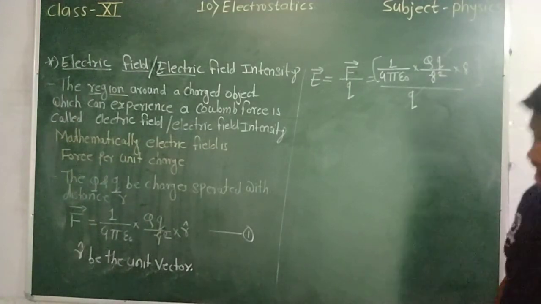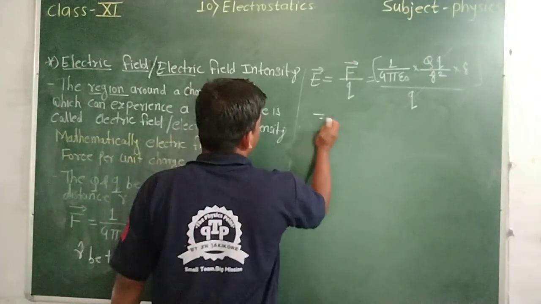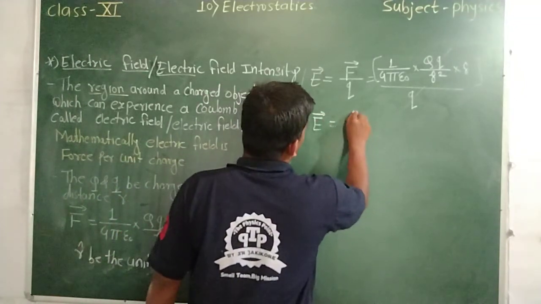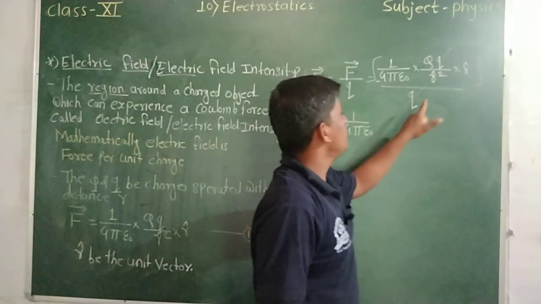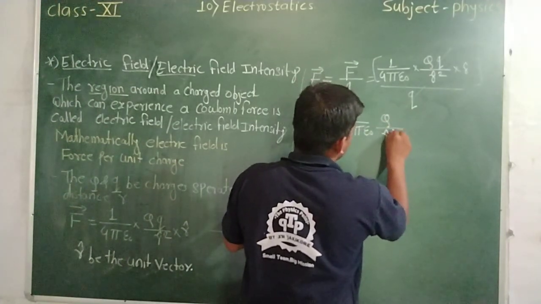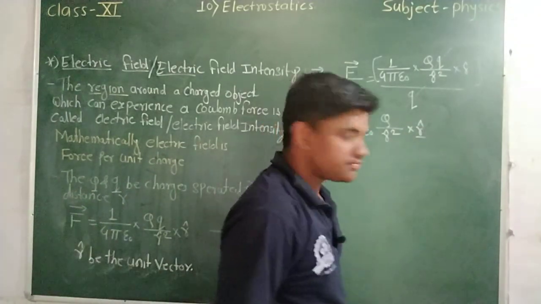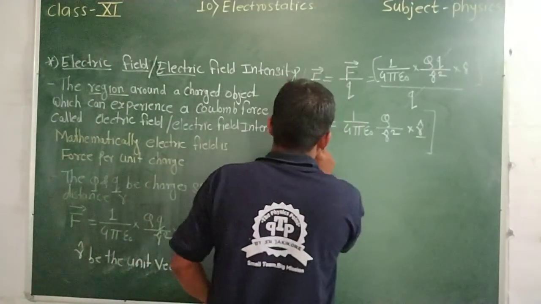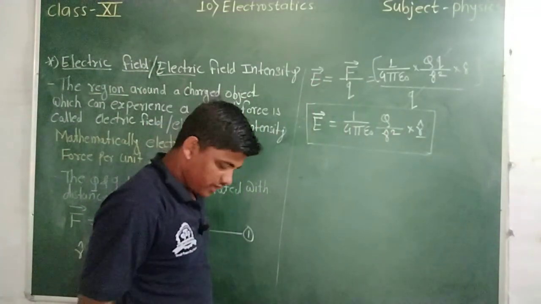We know that the electric field intensity is equal to 1 upon 4 pi epsilon 0 into Q divided by r square into r cap, where r cap is the unit vector. This whole equation is the value, or equation, of electric field or electric field intensity.